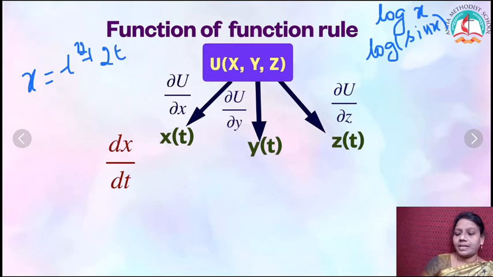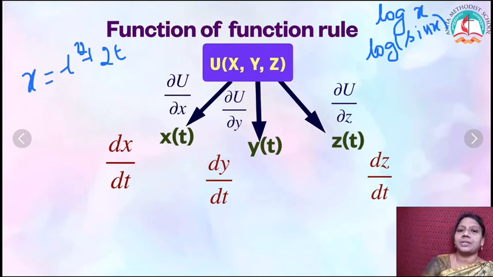Therefore, the next one is if I am having y, then dy by dt. Z means dz by dt. Now we are going to find out what is the differentiation. I am having a function u with x, y, z, and those end with t. So if I am differentiating it, I will get the value of the function with respect to x, that is with respect to t.